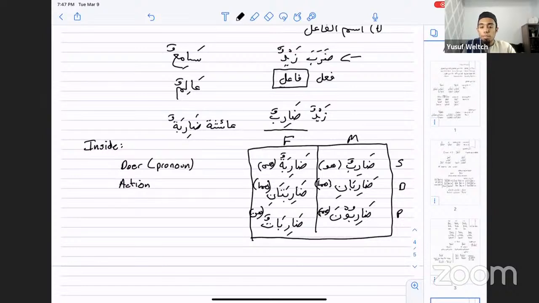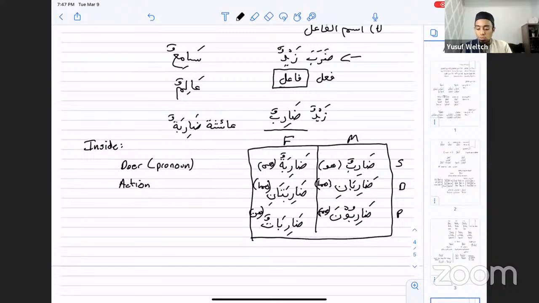A tense. A tense, right? So daribun is a noun. Daraba is a verb. So automatically, nouns do not have a tense. Nouns only have a meaning. They may even have a pronoun, but they don't have a tense. Whereas verbs have three: the pronoun, the action, and the tense it happened in.